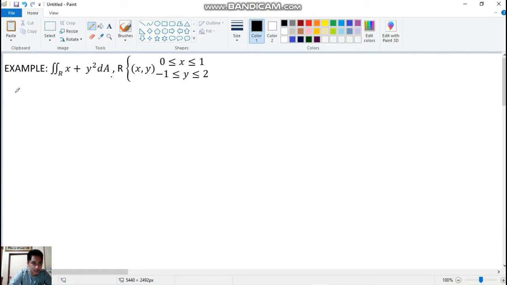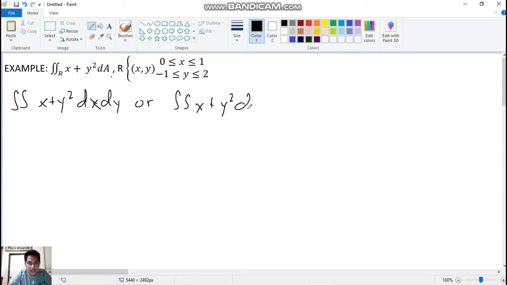So this will become the double integral of x plus y squared dx dy, or the double integral of x plus y squared dy dx.